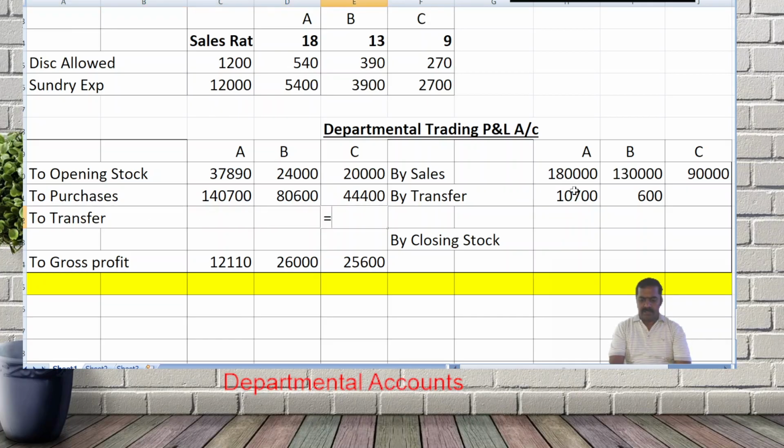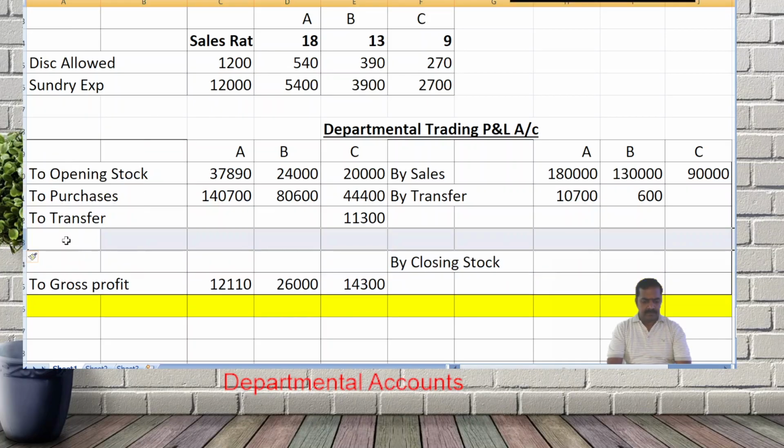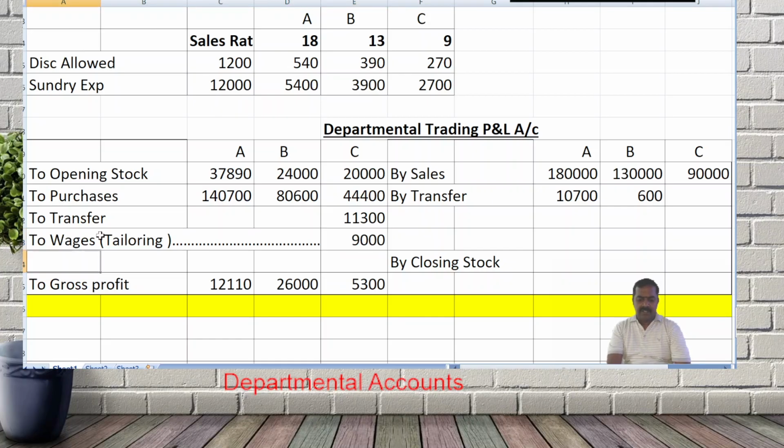In C's column, debit both. Then wages paid for tailoring work will come here. In which column? C's column, 9,000 will come. Direct wages will come in C's column.